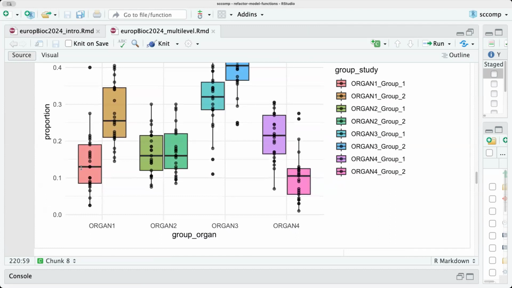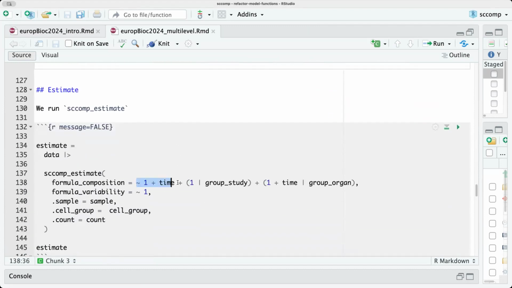So the formula that you would specify in this case would be your fixed formula, omitting any grouping. And then you will have a random intercept for your group study and another group for the organ that sits on top. So in this case, it's nested random effects. And here, time is really a dummy variable, but I just put it here to show you that you can have both random intercept and random effects.